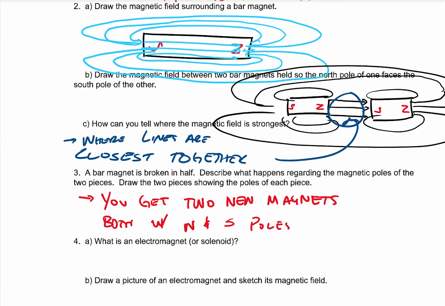So you take your magnet that you broke in half, that's a little break spot, and if you had north here and south here to begin with, you get a new north right here and a new south right there. And so you get two new magnets when you break it in half. And that's going to happen as you break any magnet in half, all the way down to the little molecular level.